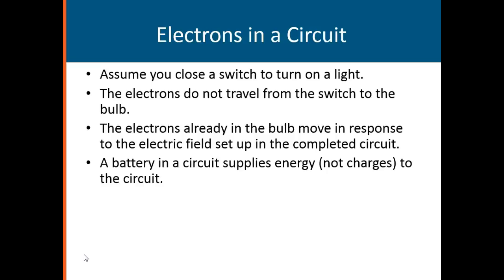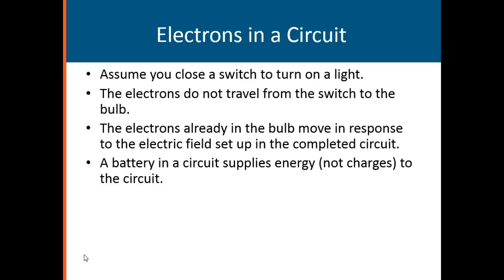So, the electrons in a circuit, or charge carriers in a circuit, assume that you close the switch to turn on a light. The electrons do not travel from the switch to the bulb. Probably ever. Okay? The electrons already in the bulb move in response to that electric field that's set up by the completed circuit.